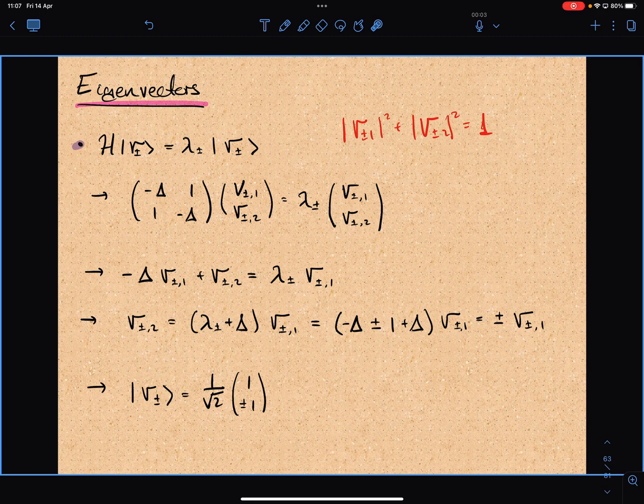I could potentially multiply all this by a phase factor, but it's not going to change the computations, and I like to keep things real.